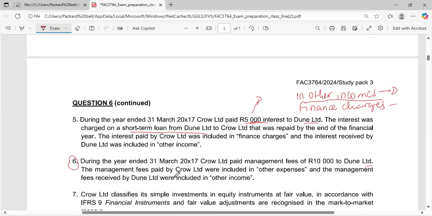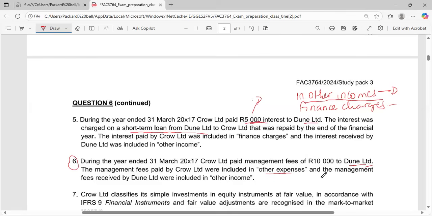The management fees paid by Crown Limited were included in other expenses, and the management fee received by June Limited was included in other incomes. So this is also an intra-group transaction. Crown Limited paid to June Limited, so it's an intra-group transaction, which means you also have to eliminate before you combine everything.